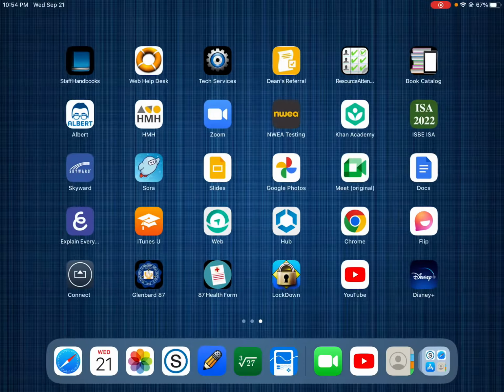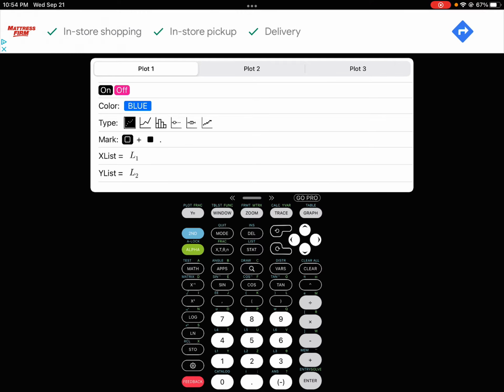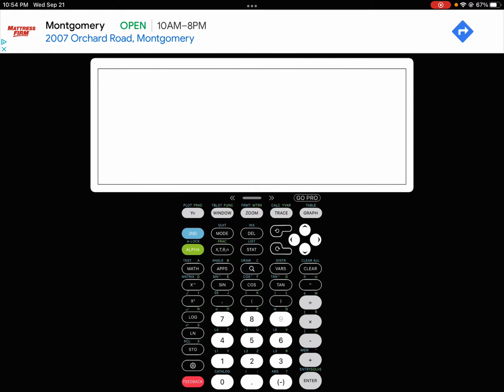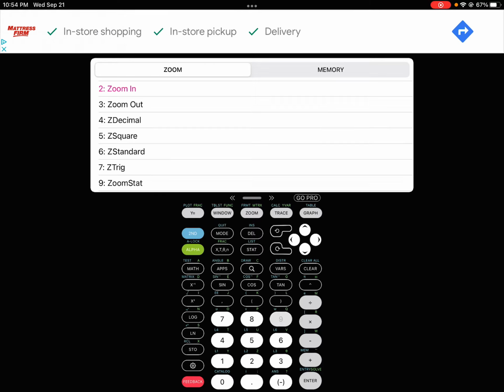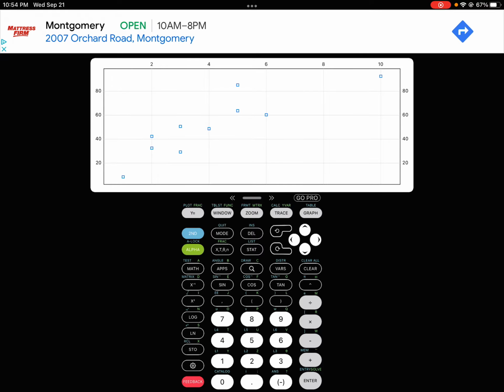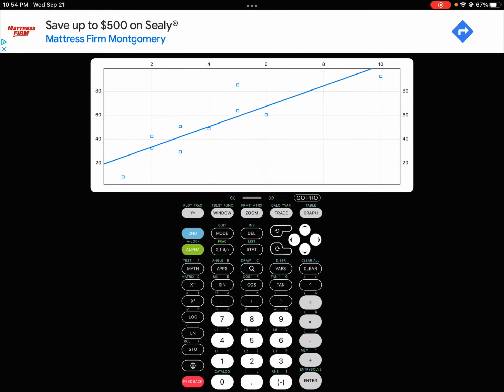If I were to go back to the calculator really quickly, and I were to have a scatter plot of my data, I'm going to take it one step further. The equation for the line of best fit we said was 16.5 plus 8.5x. Okay. So we can see how our line of best fit cuts through those points on the scatter plot.